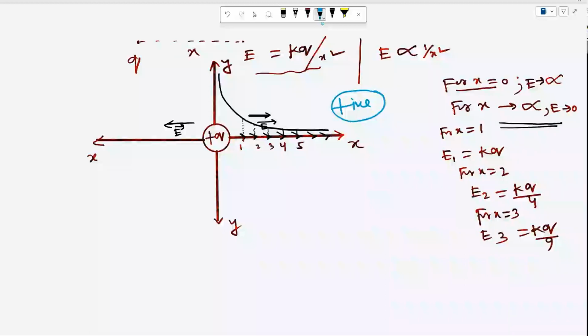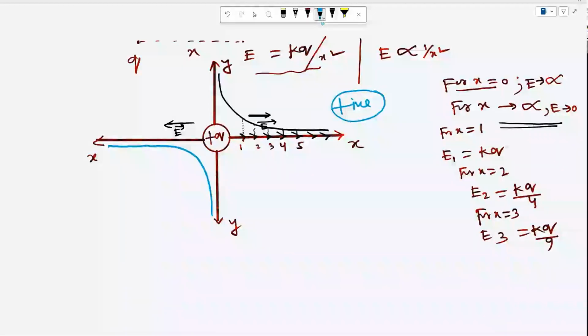But here electric field is directed in the negative direction. So if you have planned to plot along y-axis only, this time this E is going to be a negative quantity and its value will be decreasing the way it is decreasing here. So electric field with distance will continue in this manner. Okay.